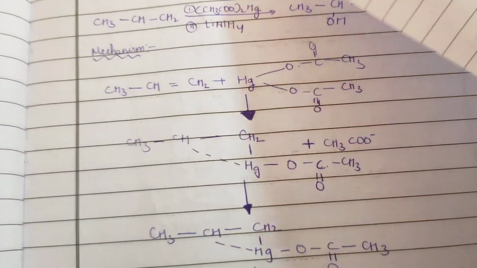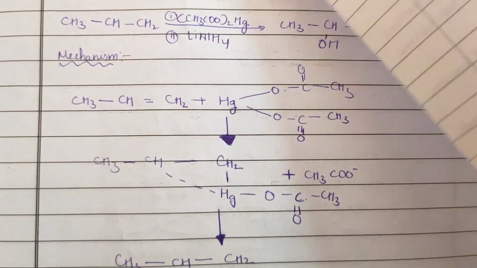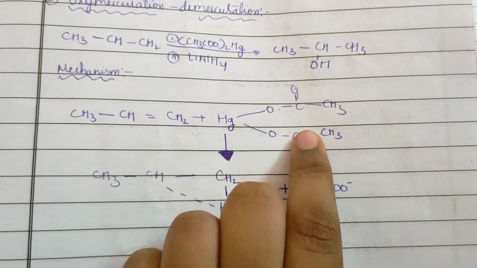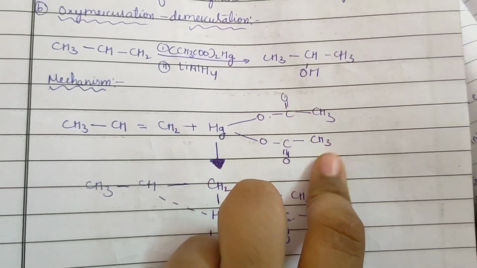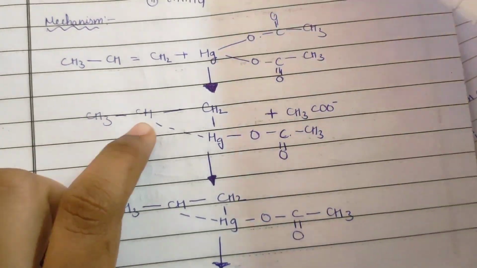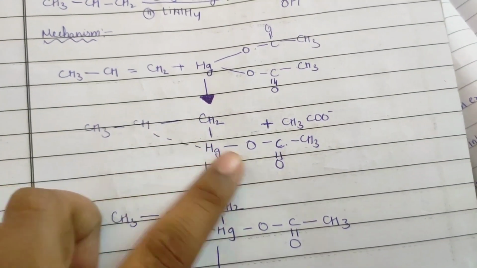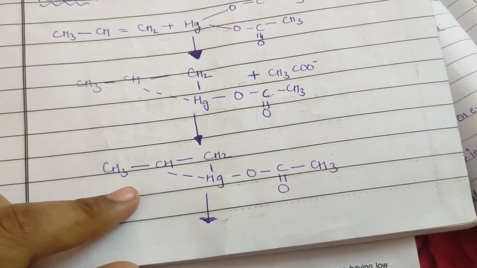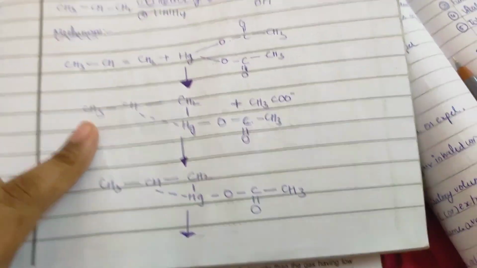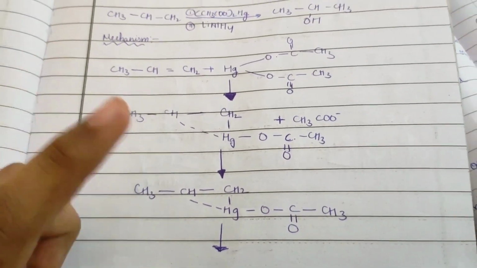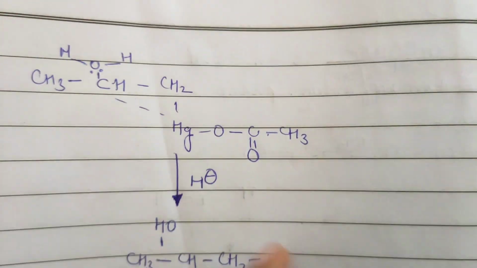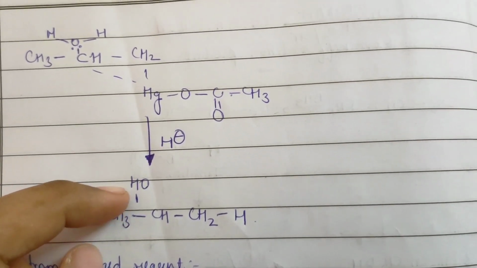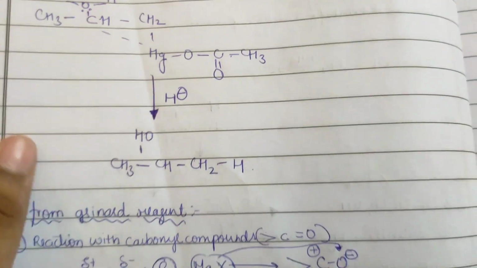Here the alkene plus Hg is added, where Hg forms a structure like this. Then hydrogen bonding occurs here like this. Then this structure will arise, as you can see here in the mechanism. The next structure is here, as you can see. Then finally we'll get the alcohol again.